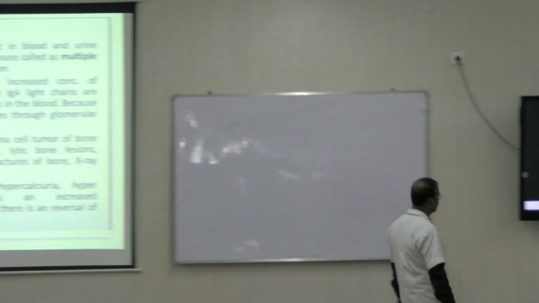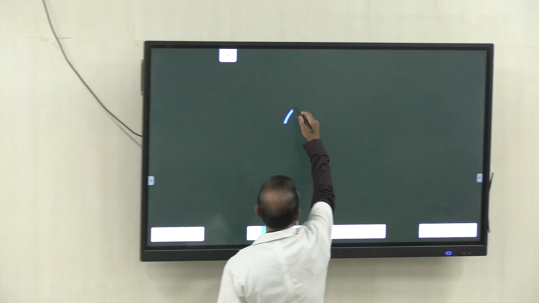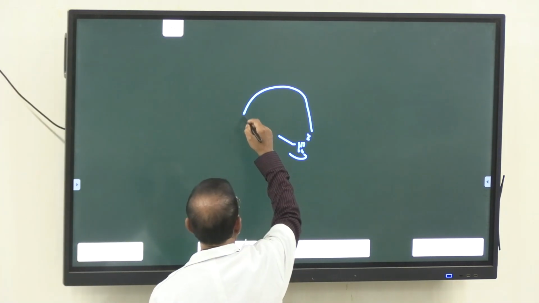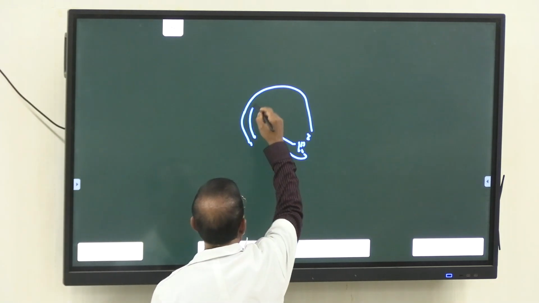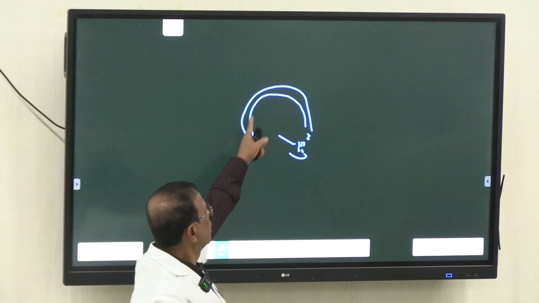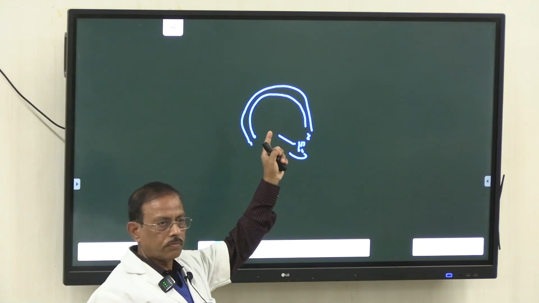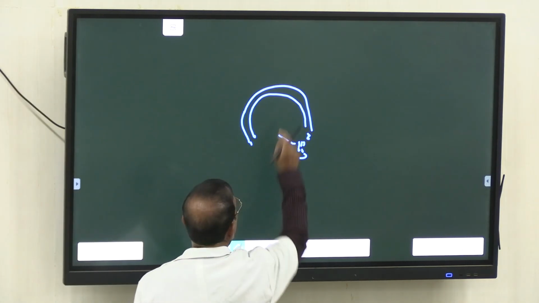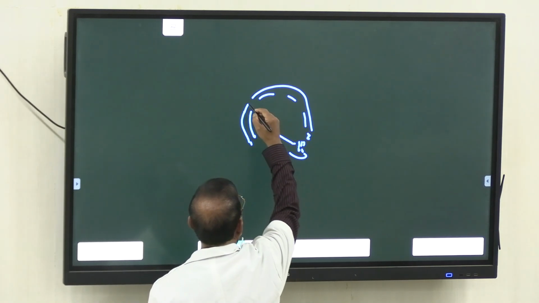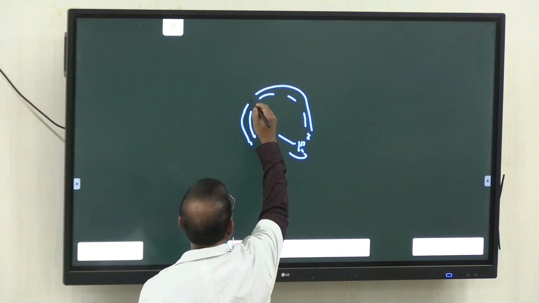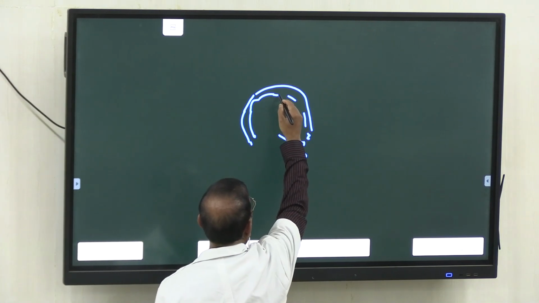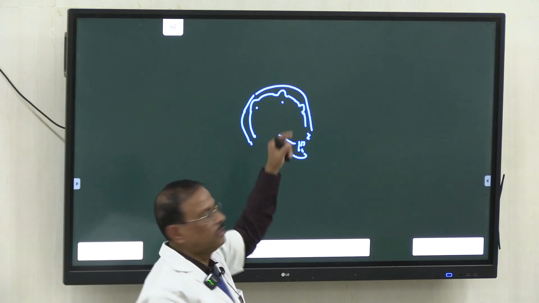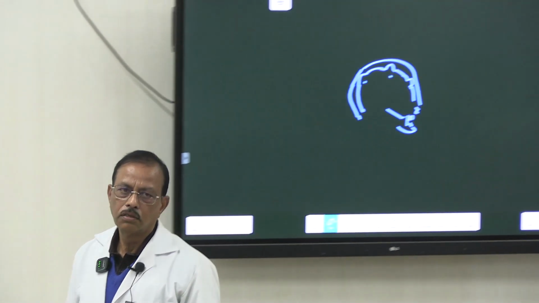When you see the X-ray of the skull, there are two layers of skull bone, and there is a lytic lesion, an absence of continuity of the skull bone.